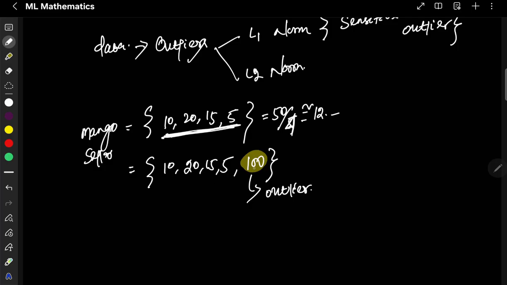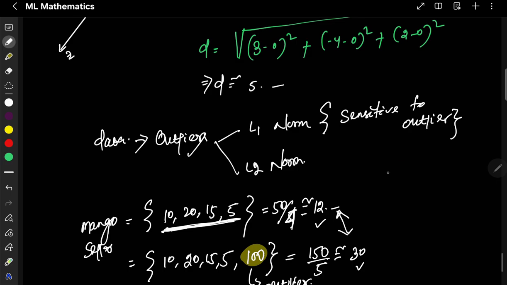But the moment you add one more value here, it will be 150 by 5, which is a value of 30. There is a huge difference between this average and that average, right? So that's why we will be covering the outlier part in later classes, when we cover the statistical part.